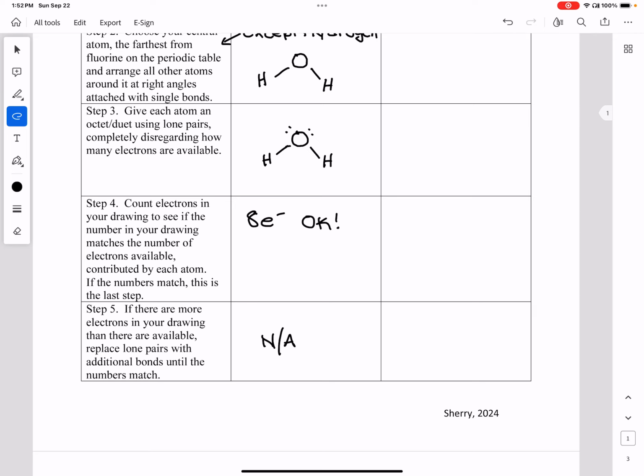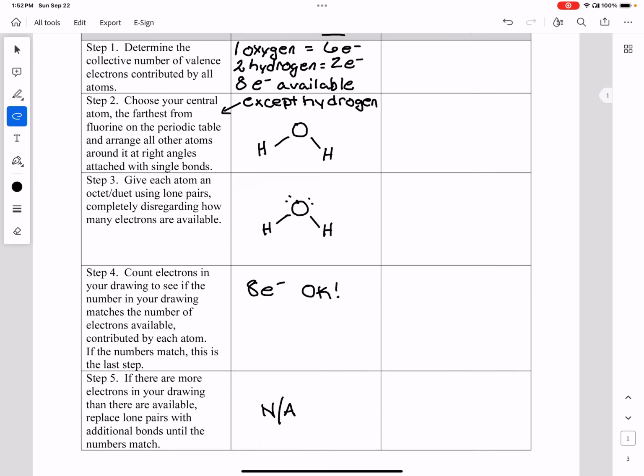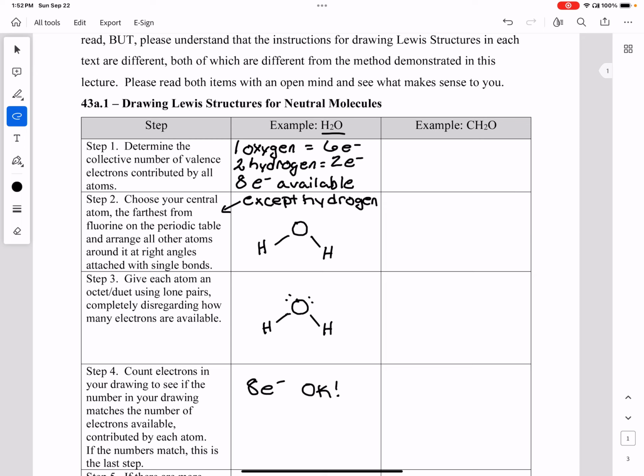Okay. But let's look at an example where you do have to go to step 5, and that is CH2O. So I have 1 carbon, and that gives me 4 electrons.